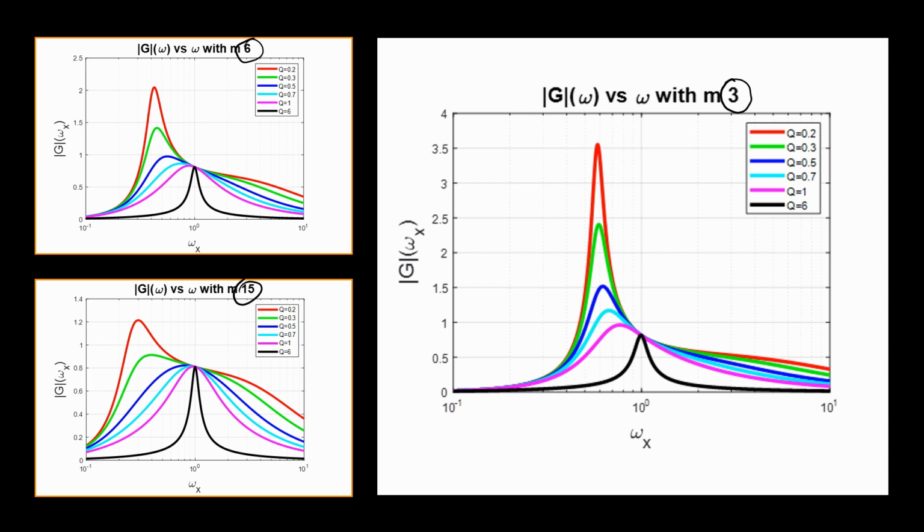Now look, what we need is a gain from 0.9 to 1.8, right? So from 0.9 to 1.8 here, and the same here. So you need to decide which value of M and which value of Q you need, according to what we have.